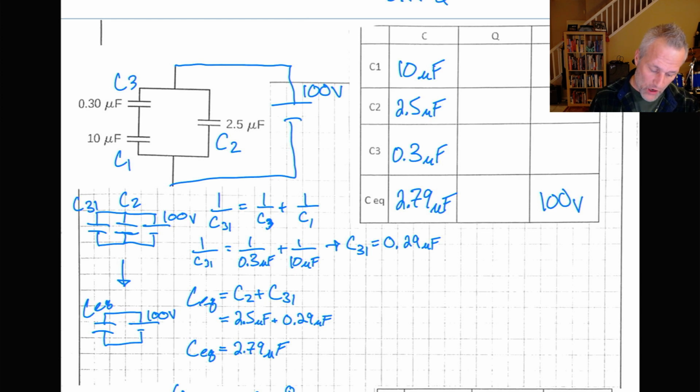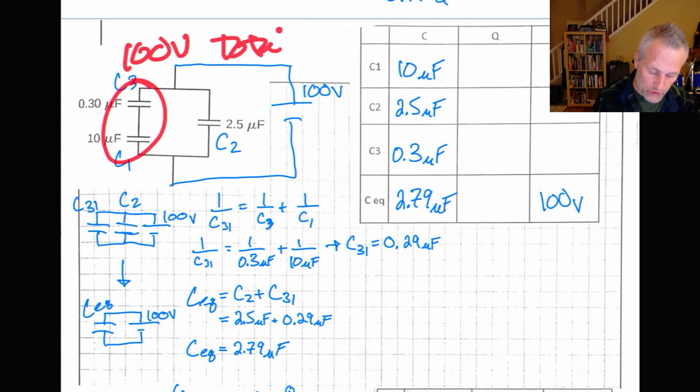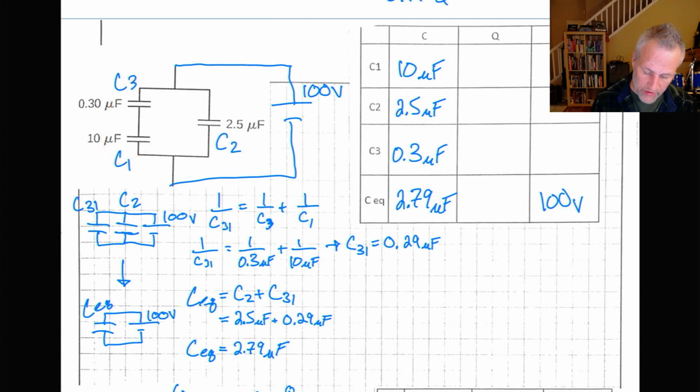I also know that these two together here have to be 100 volts total. So I know that V3 and V1, those two together have to add up to 100 volts.